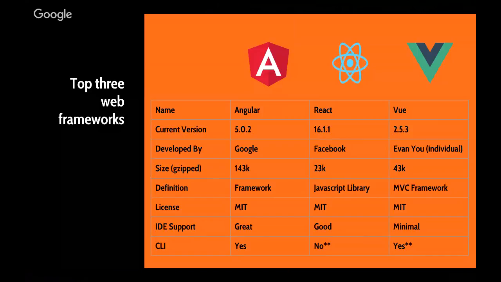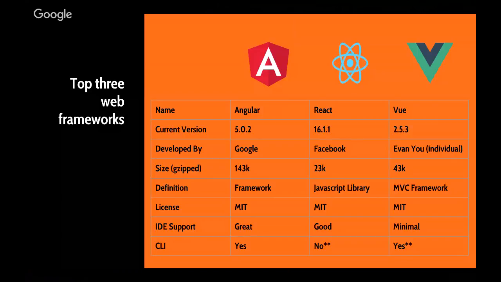You need special plugins to format your JSX files correctly, or you can be like me and turn your formatter off because it was just putting everything on one line, which was very annoying. And since Vue is pretty new, the IDE support for Vue is pretty minimal. There are some extensions out there for VS Code and WebStorm just to do syntax highlighting.